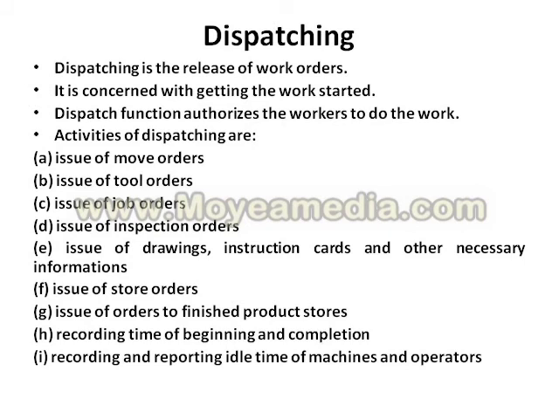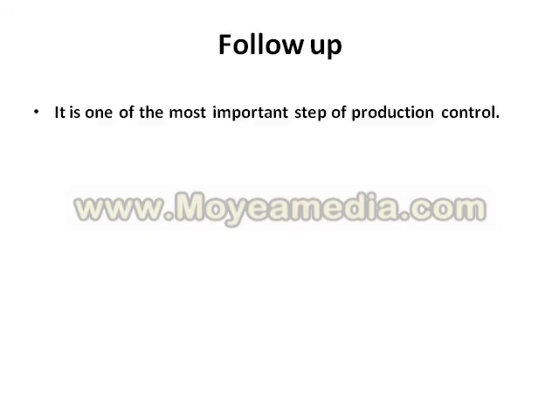What is being done in the production floor, in the shop floor, that is an action that comes under follow-up. So progress reporting means where we are collecting the data, and we already talked about recording of time and reporting or giving the feedback. That feedback area is the follow-up.